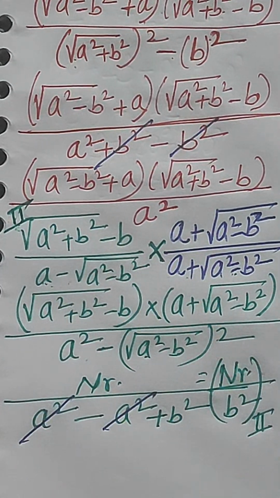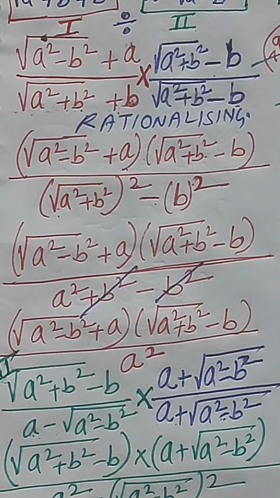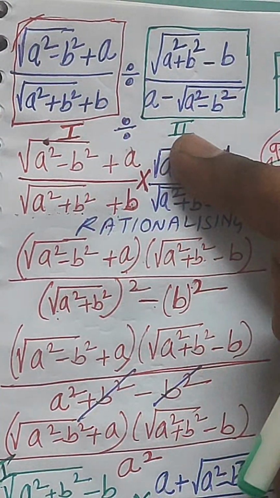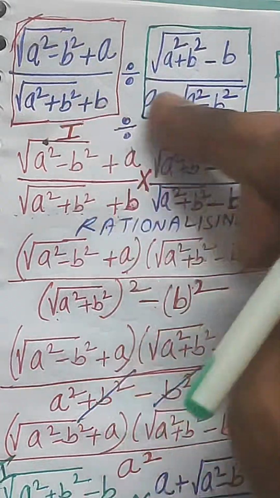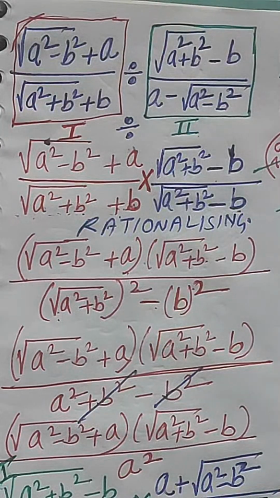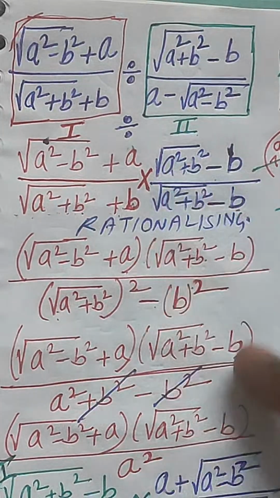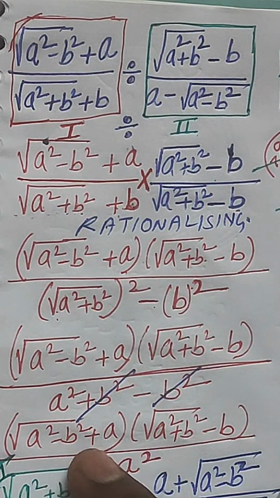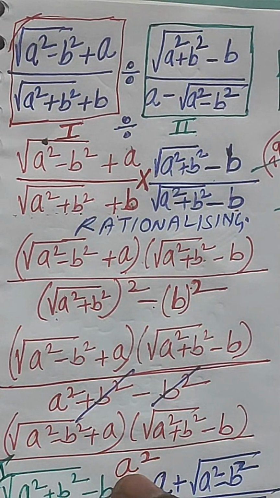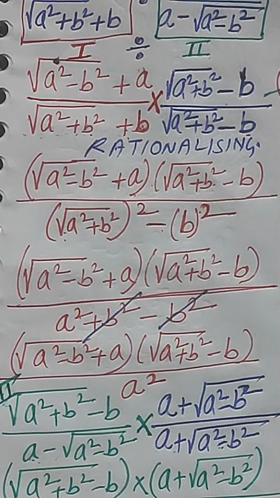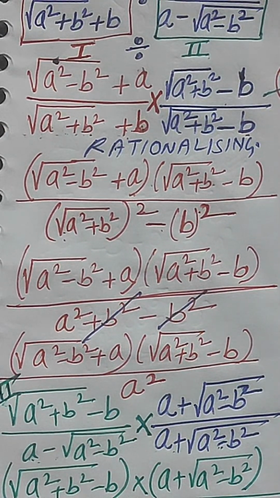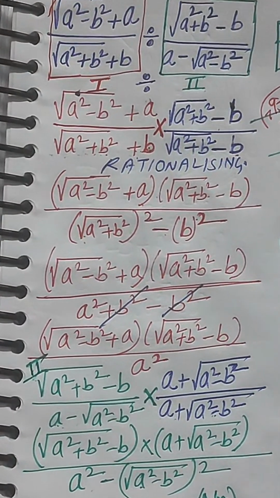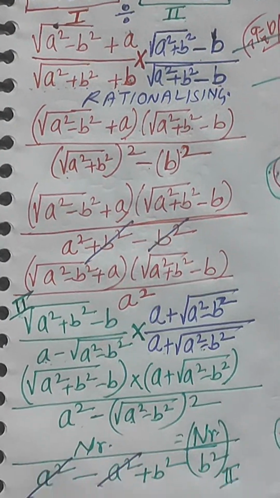Now our question was that this first part divided by the second one. This needs to be simplified to the simplest form. So the simplified format of the first part is this one, that is root over of a square, the numerator divided by a square, right? So let me squeeze a little, yeah, it's fine.